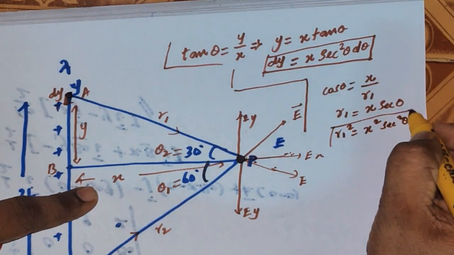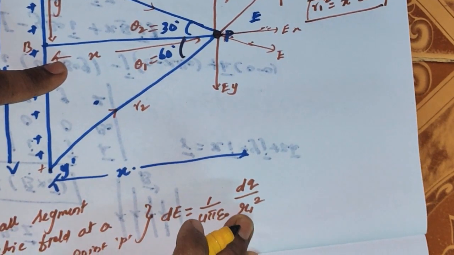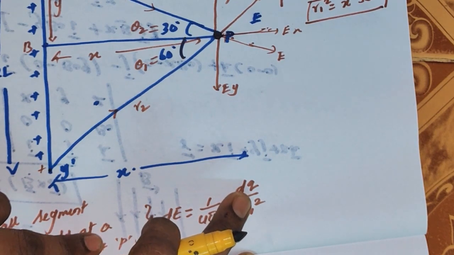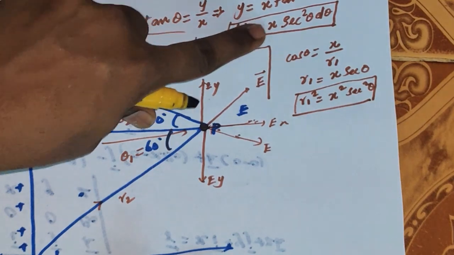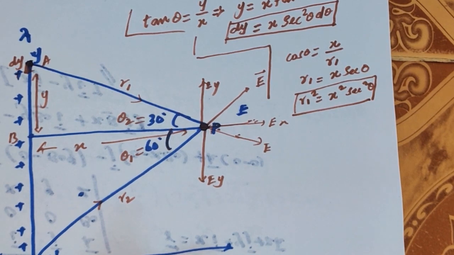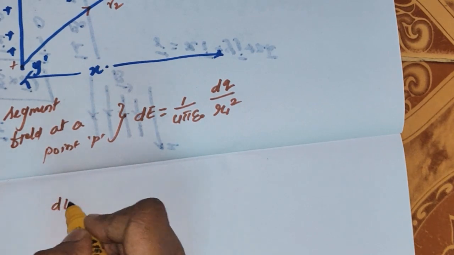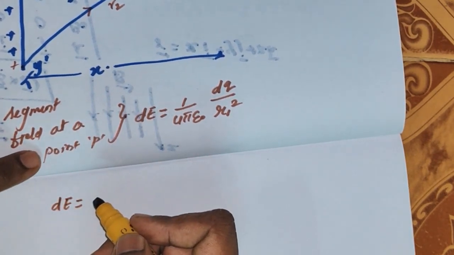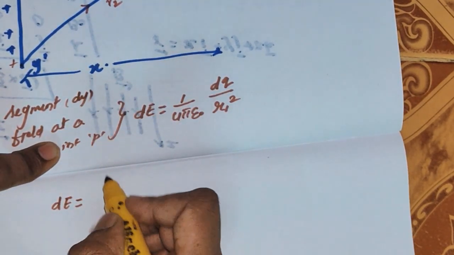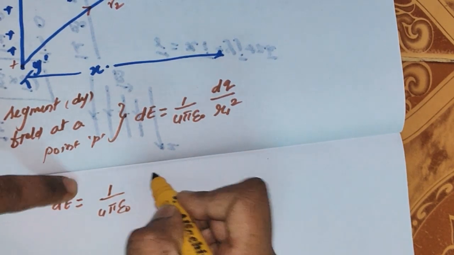So these two relations we need here, because in that small segment we have r1 square, and dq we are going to write in terms of dy, because we found our dy in terms of the angle theta. So r1 square we know, dy we know, so we are going to write our dE. In general, the electric field due to the small segment dy is dE equal to 1 by 4 pi epsilon naught times dq.